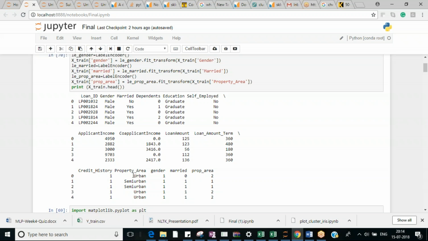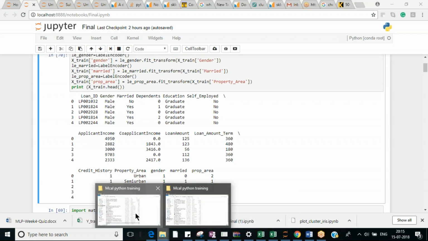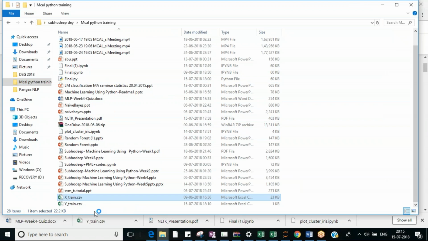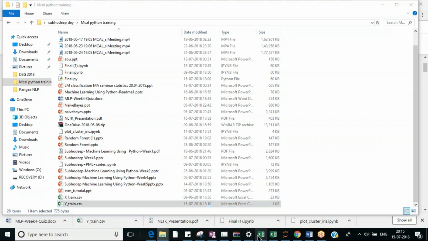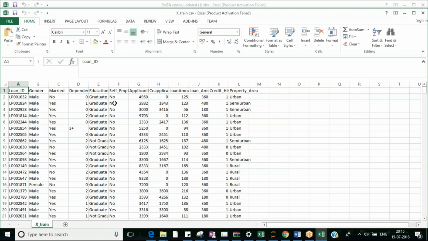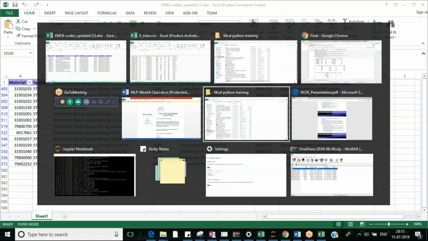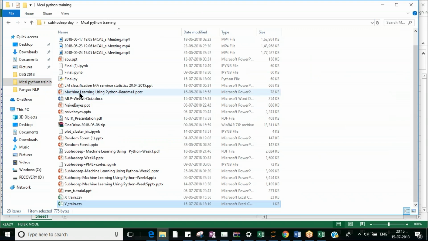Property area, which property area he belongs to, gender, married, prop area. What is this prop area? I'm not sure about it. Just a second, I'll open the data dictionary. Why is it not opening? Yeah, so this is the data that we have, and let me see.